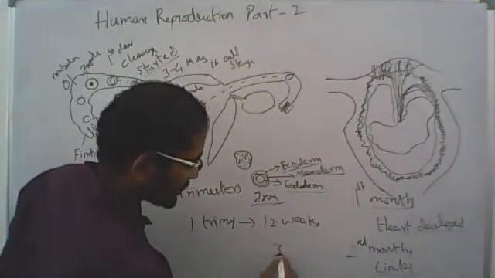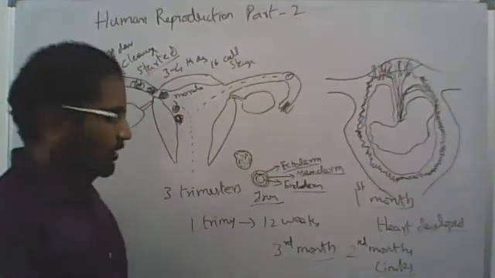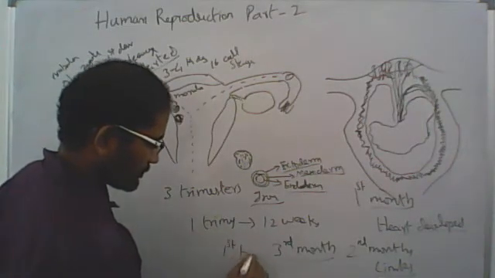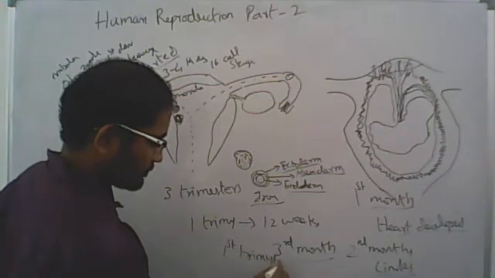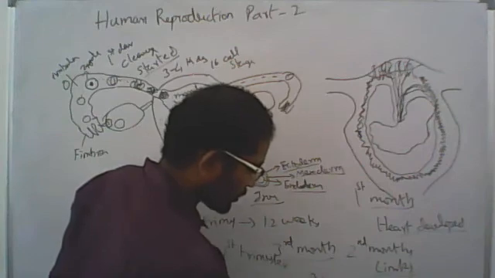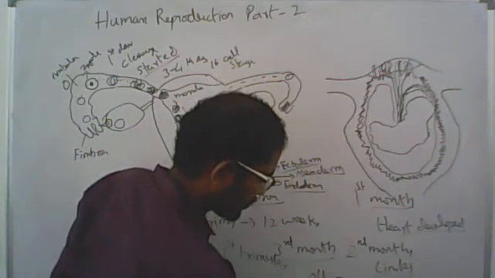Then at the end of the third month, or the first trimester, all the organs are developed. All the organs are developed.